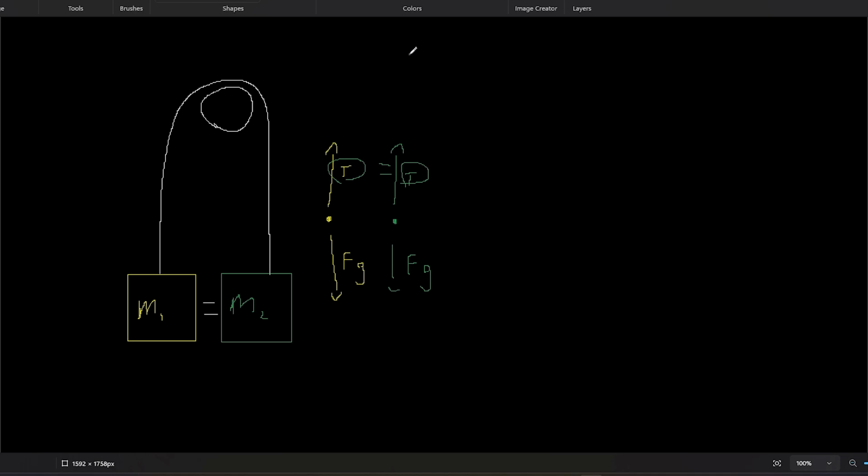So let's start with the F net equation for M1. F net equals, let's say the object's motion is this way. What's acting in that way? Tension. And what is opposing it? Fg. So it'd be positive T and negative Fg.